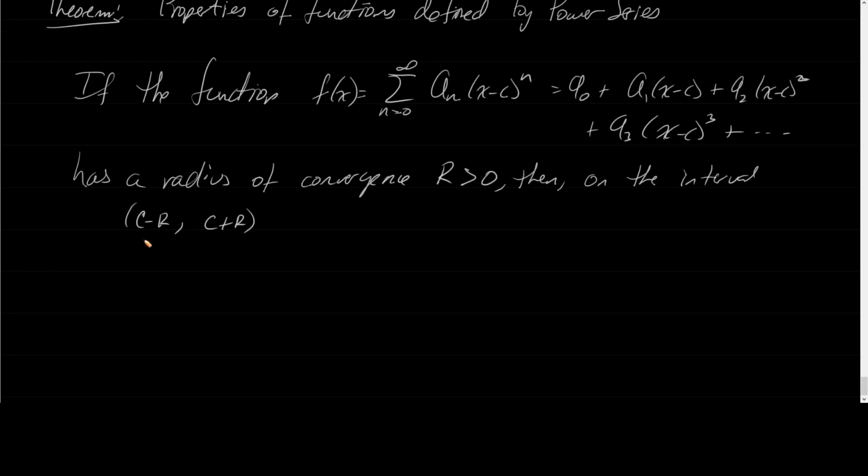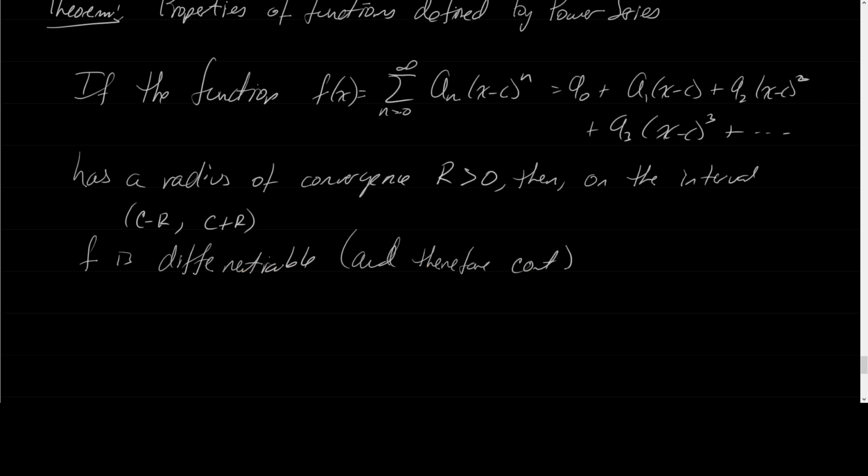Because we're going to say here that f is differentiable and therefore continuous, right? There was a theorem that said that if a function is differentiable, it is continuous, and therefore continuous on that interval, right?